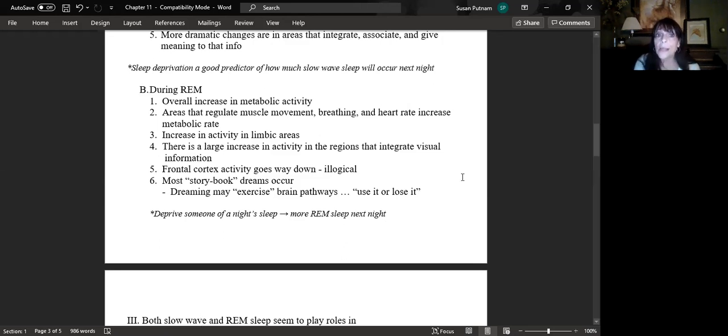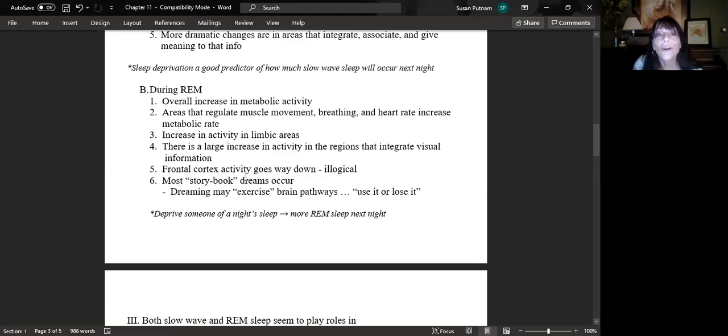There also is a large increase in activity in the regions of the brain that integrate visual information. So remember, you have a primary visual cortex in the back of the head, but once you get up into these areas here, you have integration. You get upper level visual information coming together.